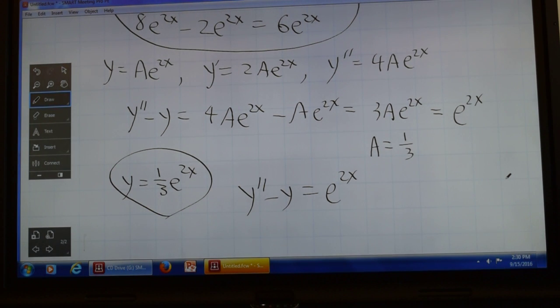Okay, now we found just one solution, but we know this is a second order differential equation, so we should be finding infinitely many solutions, actually a general solution with 2 free parameters. That's our goal, right?